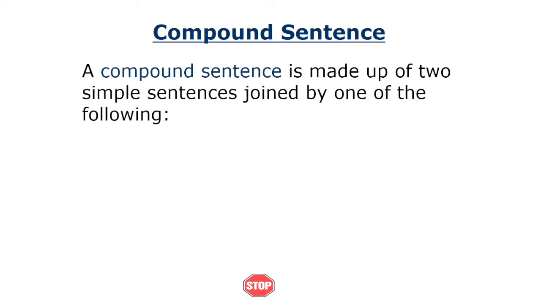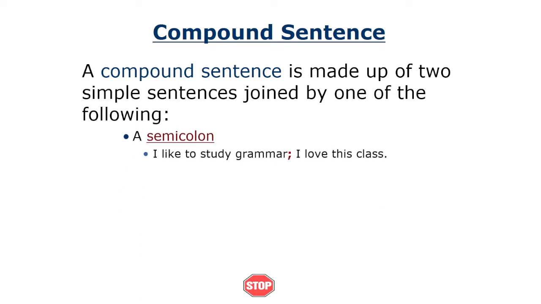Next type is a compound sentence. So a compound sentence is made up of two simple sentences joined by one of the following. Number one, a semicolon. For example, I like to study grammar; I love this class.